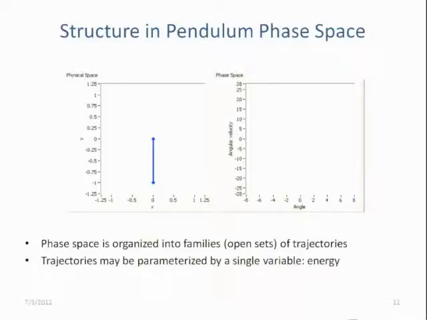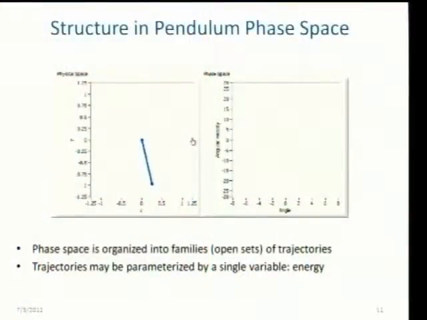And what I'm going to show you is a video in which you're going to see two simultaneous visualizations. One of these is the pendulum that's moving around in physical space. And what's going to be plotted here is the phase space, which is the angle and the first derivative of the angle. If you look at how this system evolves, you'll find that any motion that can be realized in physical space corresponds to trajectories that are being drawn out in phase space.